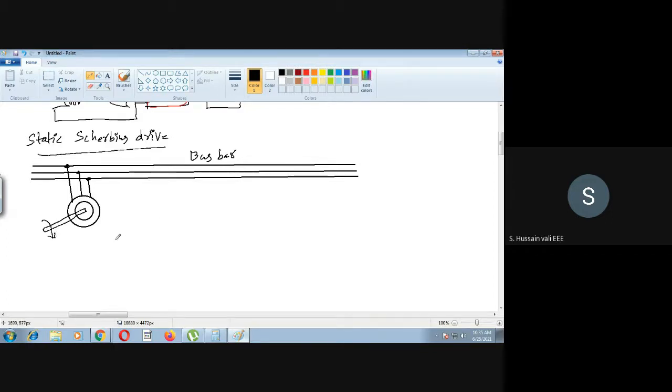Now we don't need to worry about this part. Now we need to worry about the rotor side connection. So the rotor side connection, where it goes is to a rectifier.